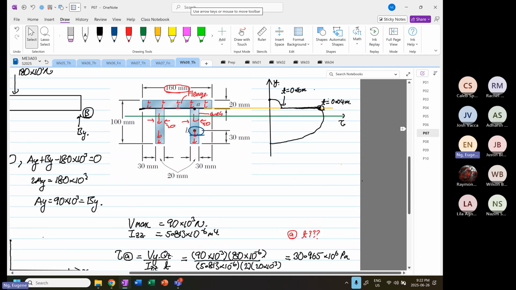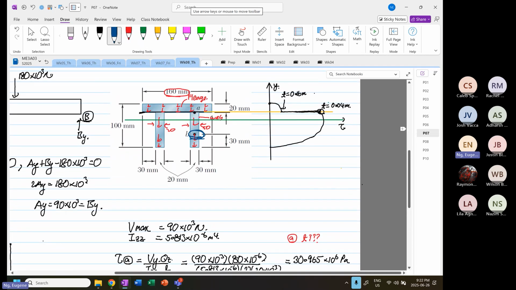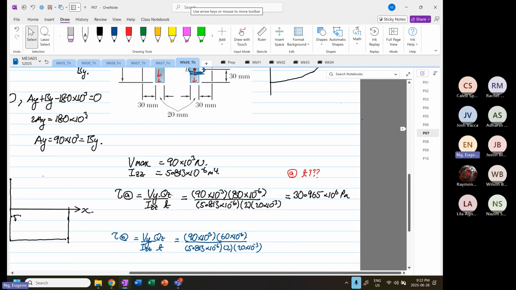Now this one is a no-brainer because point B is at this region, which is 20 millimeters thickness. Because you have left and right web, you have to do the twice. So this will be equal to 90 power 3 times 60 power minus 6 divided by 5.813 power minus 6 divided by 2 divided by 20 power minus 3.